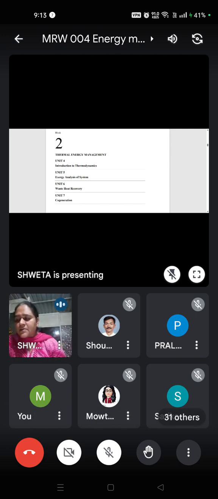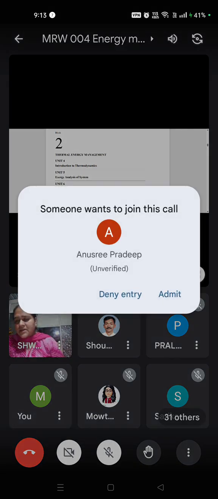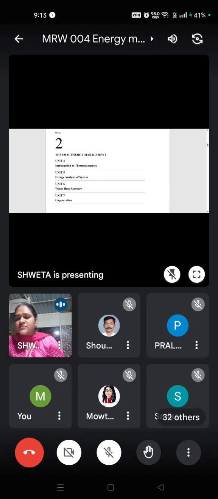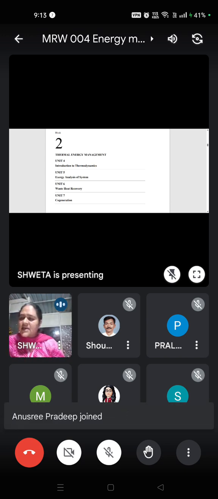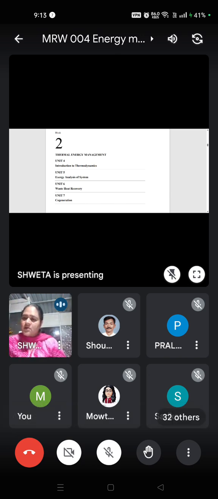How can you manage energy? Either by generating to meet the demand, or if your demand is more and supply is less, then the general principle of management says you have to save wherever you can save. So you have to go for energy saving also, and we call it energy conservation.